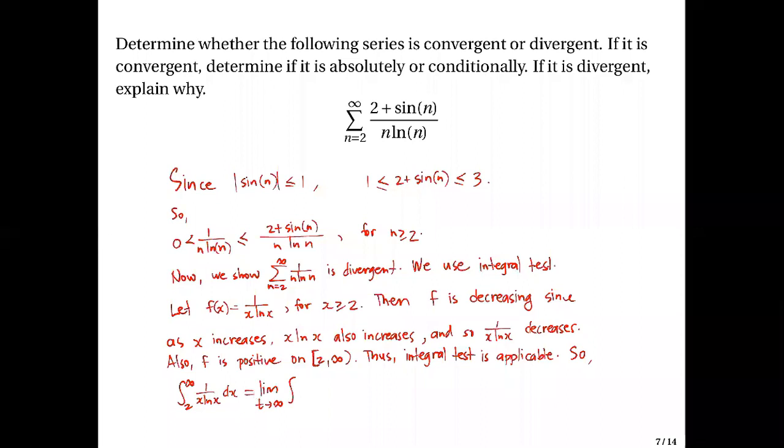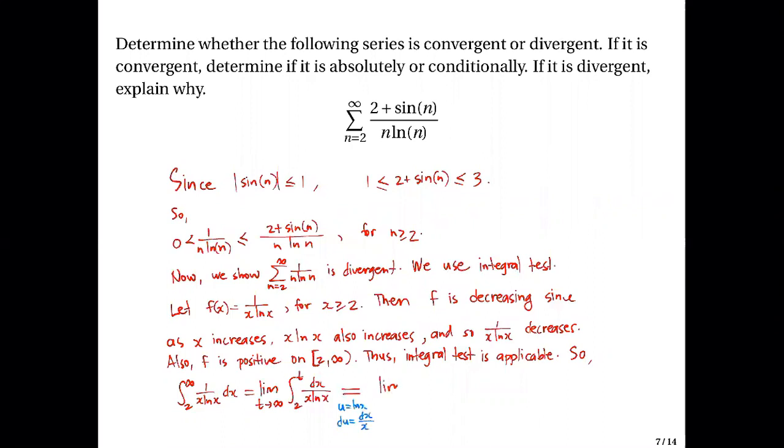So this is the limit as t approaches infinity of the integral from 2 to t of dx over x ln of x. And then in here, let's just write u equals ln of x, du equals dx over x. That will be the substitution that we will use.